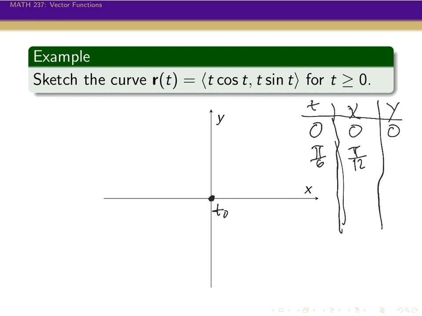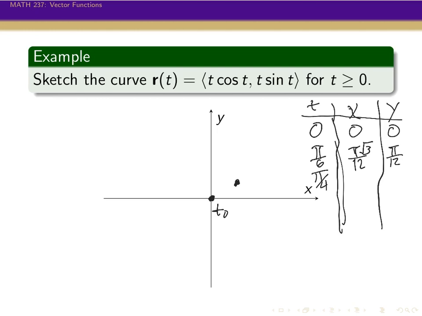It's square root of 3 over 2. So I need to put a square root of 3 there. Sine of pi over 6 is 1/2. So it's going to be pi over 12 for y. And so it's going to be up about pi over 12, but it's going to be pi over 6 out. So pi over 6 is a little bit less than a half. So let's say it's about right there.